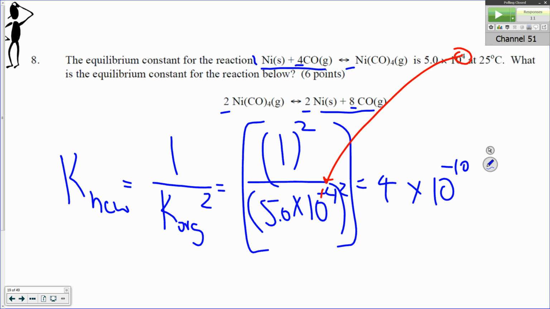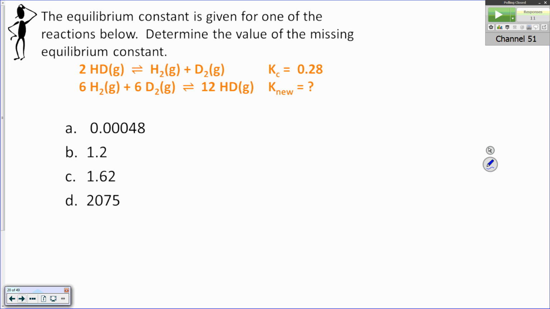How about that? Okay? Exponents make all the difference. 4 times 10 to the -10. Okay? Let's see. Your turn.